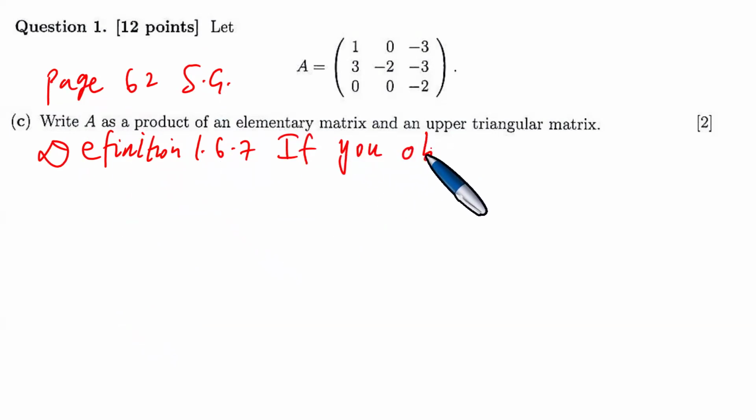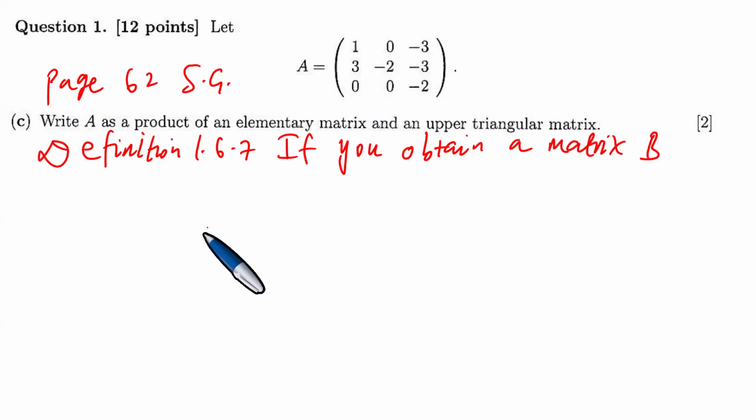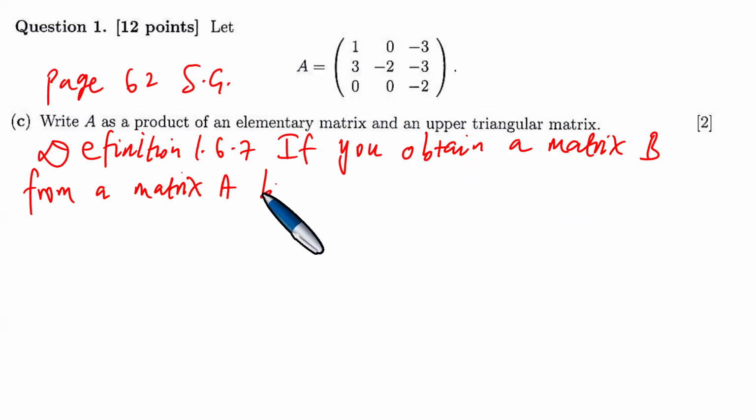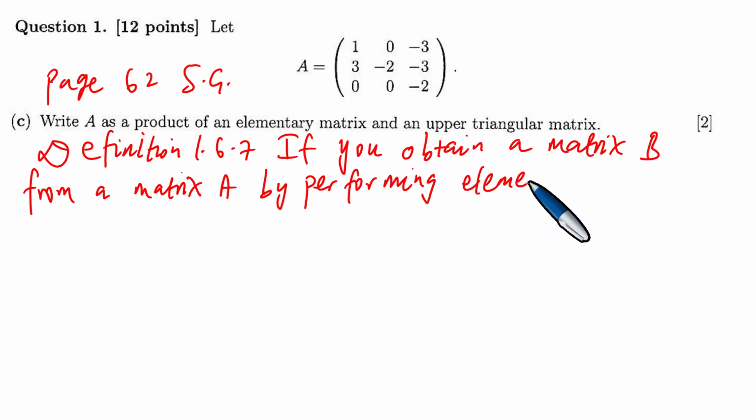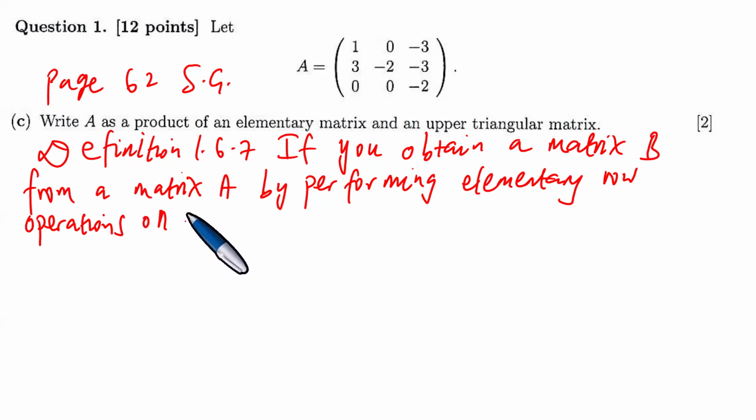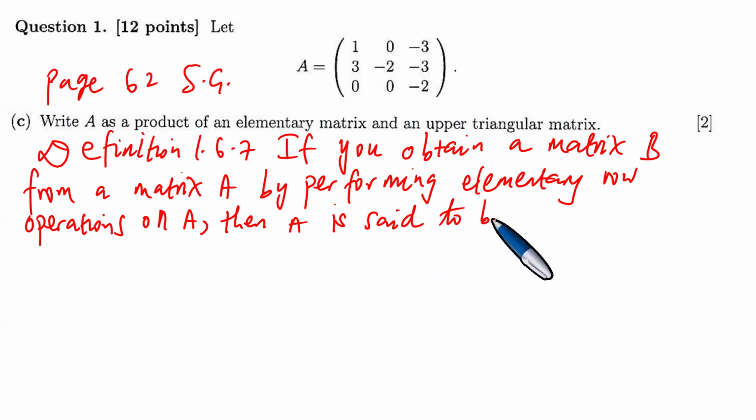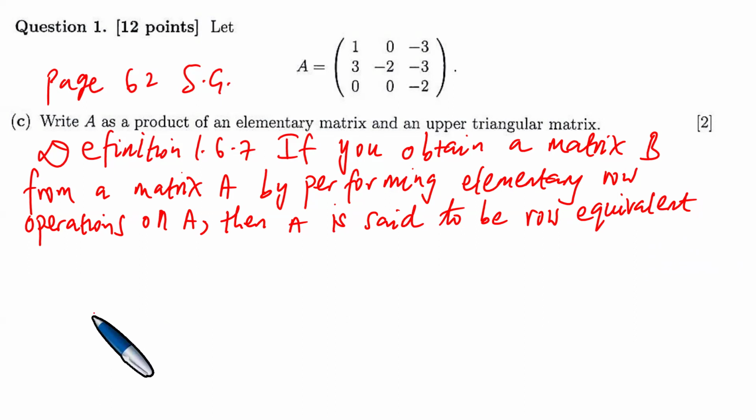If you obtain a matrix B from a matrix A by performing elementary row operations on A, then A is said to be row equivalent to B.